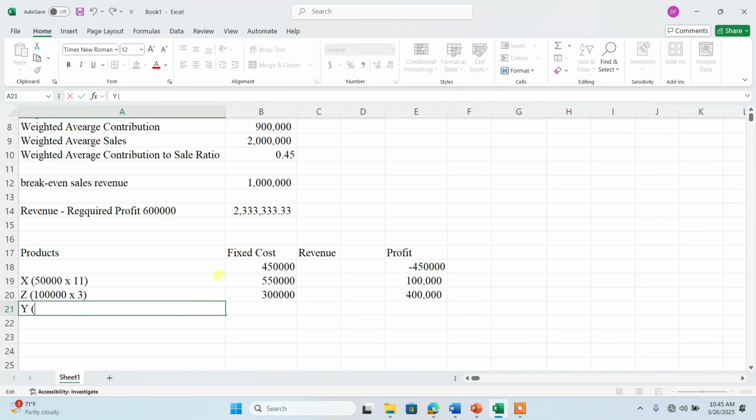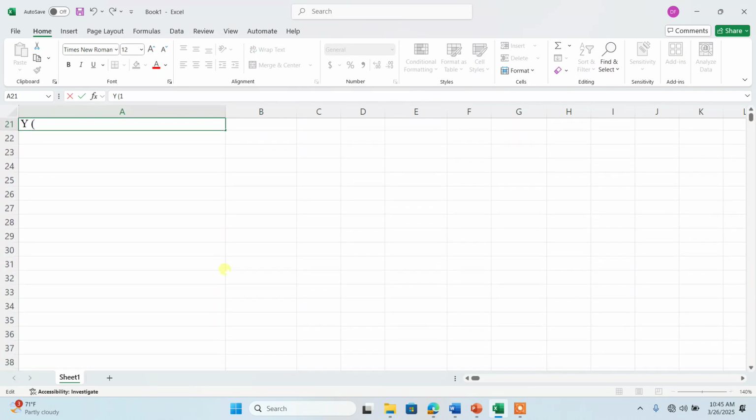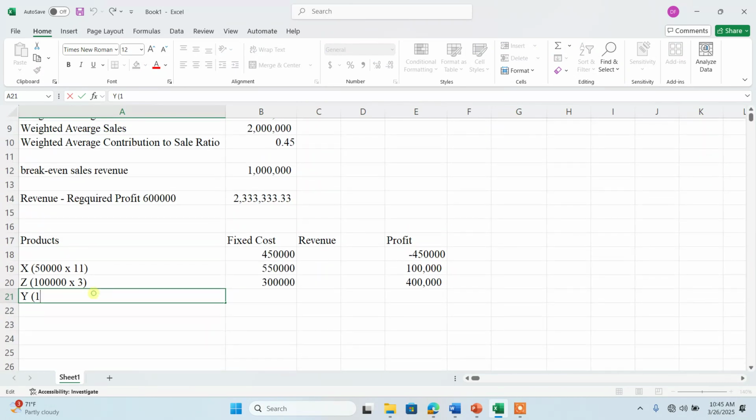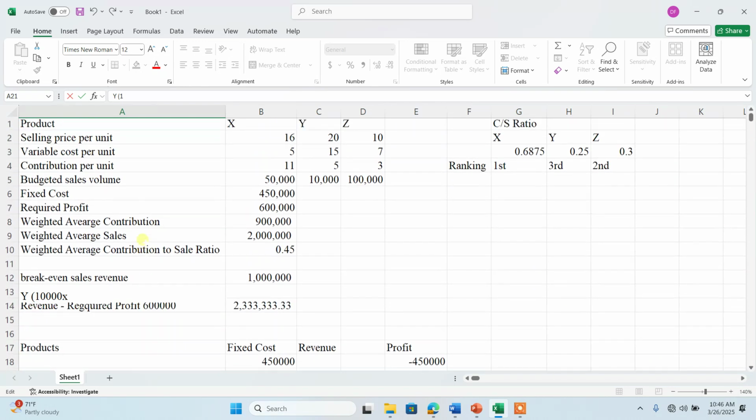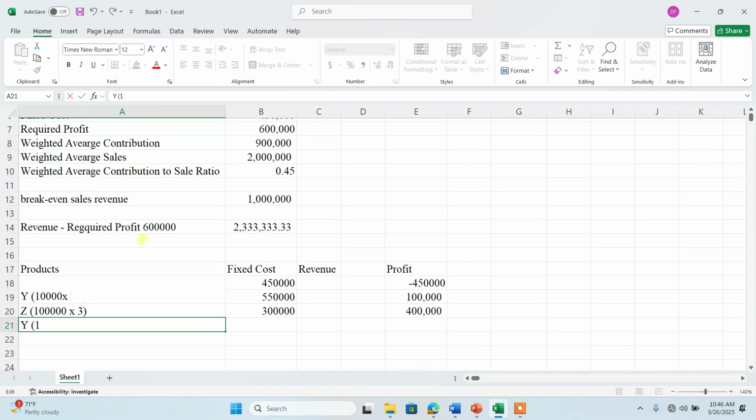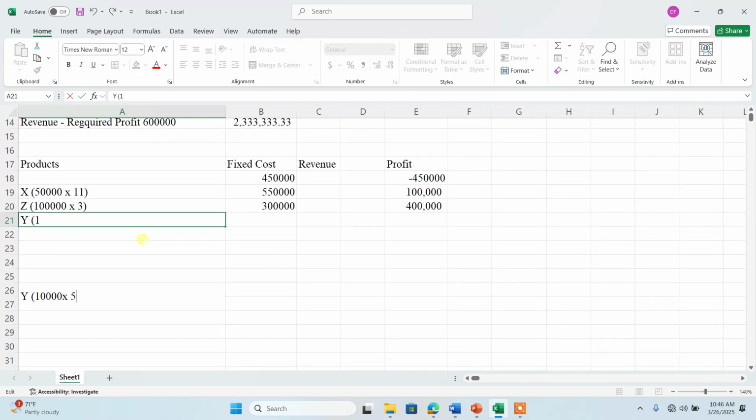Contribution of the Y: how many units of the Y? There are 10,000 units. And the contribution per unit is 5. What happened? 10,000 multiplied by 5.